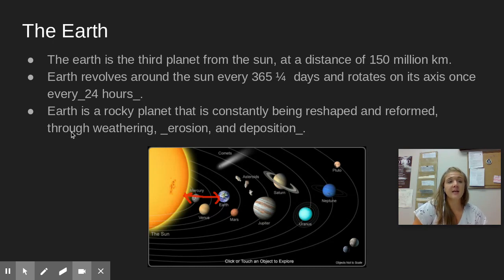Now, Earth is a very rocky planet that is constantly being reshaped and reformed through 3 processes: weathering, erosion, and deposition. In our next unit, we're going to discuss those 3 processes, what they are, how they happen, and how they help shape the Earth. But for right now, just know that Earth is kind of like one big rock with divots and shapes in different places.